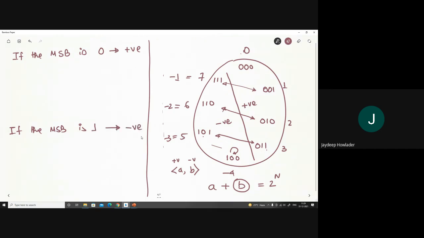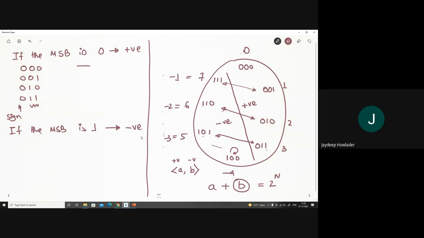Just consider the right hand side of this number system. What are the positive parts? There will be 000, 001, 010, and 011. These are the sign bits, and the rest is the magnitude.